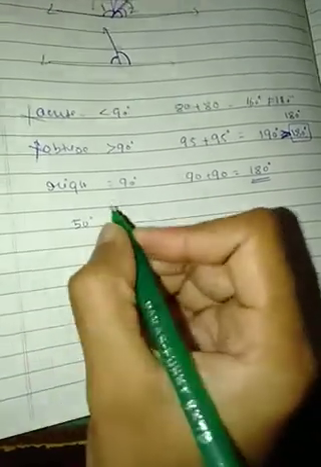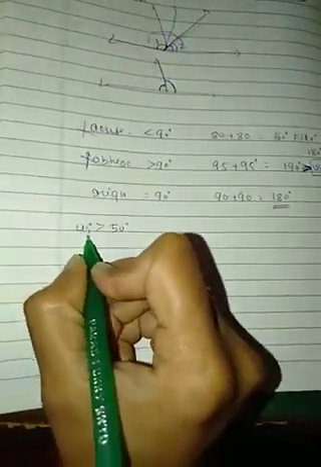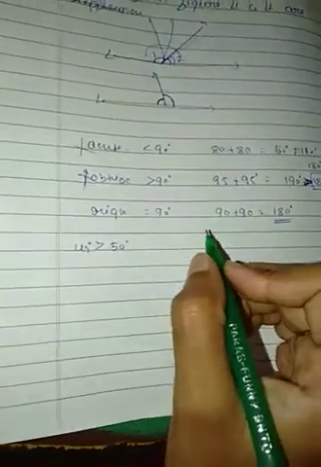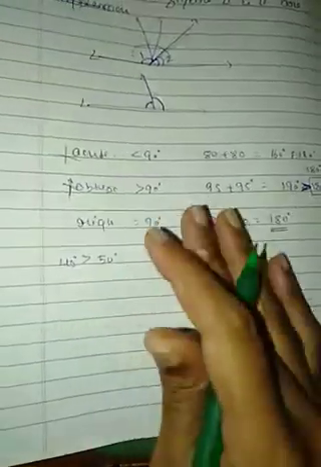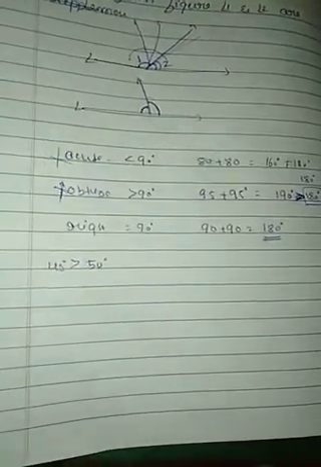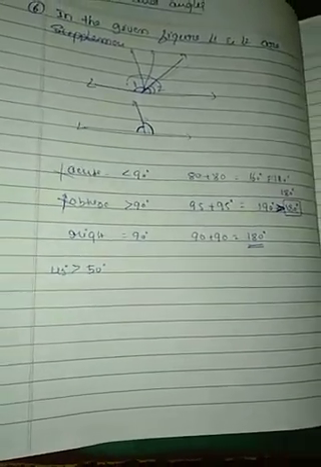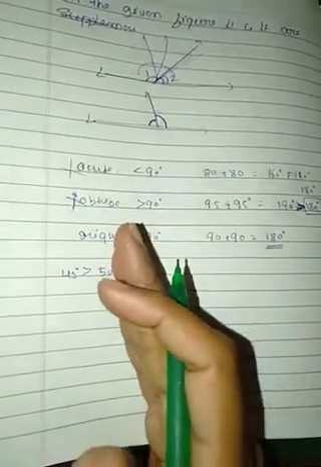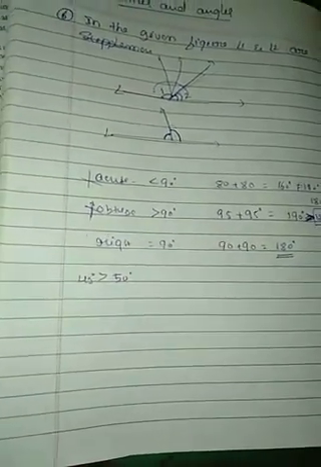If you take one angle as 50, this is greater than 45. Now they ask: if you get the complementary angle, is that angle greater than 45, equal to 45, or less than 45? That means, what is the other angle?